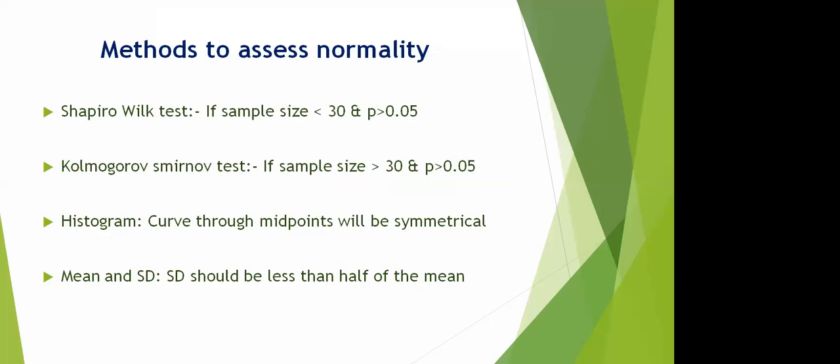For that we have two tests, the Shapiro-Wilk test and the Kolmogorov-Smirnov test. Both can be done in SPSS. It is very simple to do in SPSS, and I will show that in the practical sessions later. Where we use Shapiro and Kolmogorov is very important.